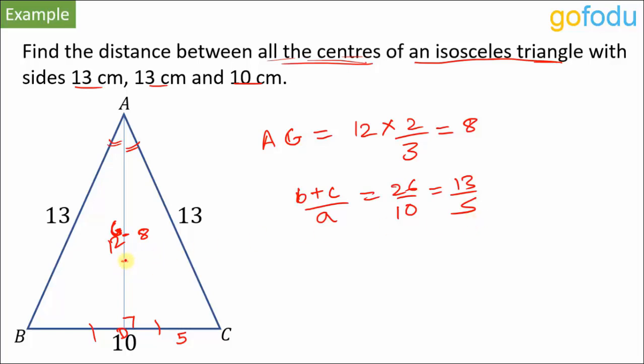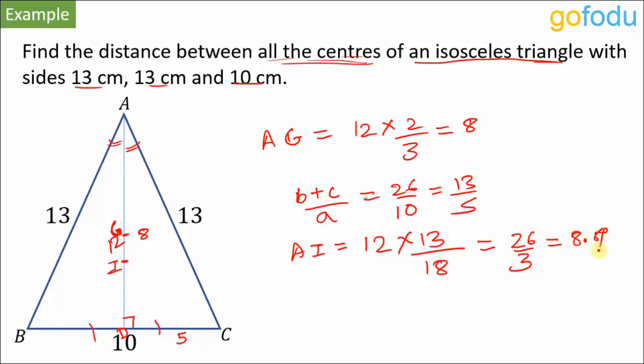Let's say the incenter is somewhere here. So AI will be equal to 12 into 13 parts out of 13 plus 5, that is 18. This will be 26 upon 3, that is approximately equal to 8.7. So this I will be somewhere here at a distance of 8.7 from A.